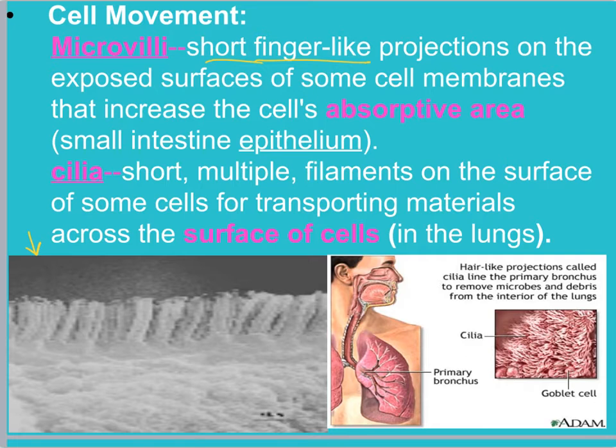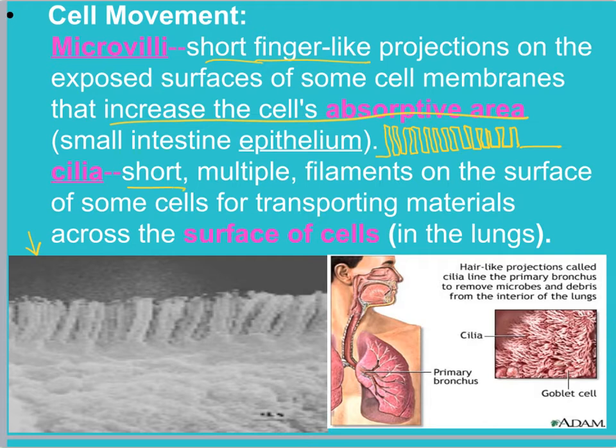But if I have a surface that does like this, now I have lots of extra space, lots of extra spots to absorb all those nutrients that you took in when you ate those carbohydrates and proteins and lipids, and you took in your vitamins, etc. So that's going to be a lot more spaces. So it increases the cell's absorptive area.